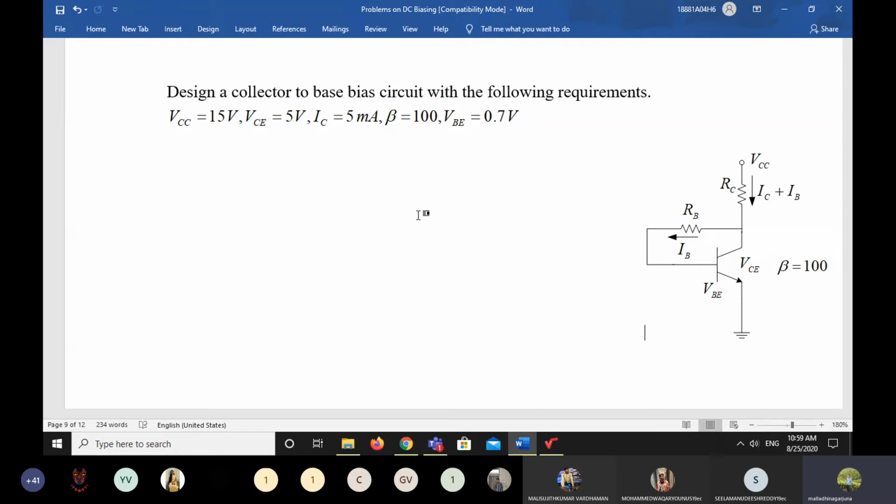Note down this one, leave some space. So just apply the KVL to the base circuit and collector circuit. If you apply the KVL to the base circuit, you will get the RB value.